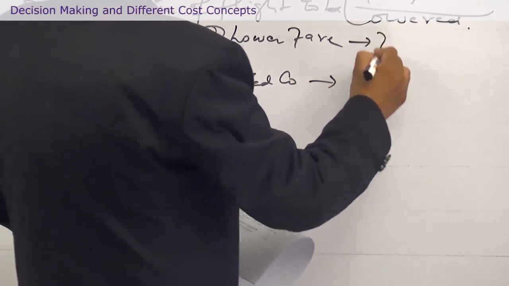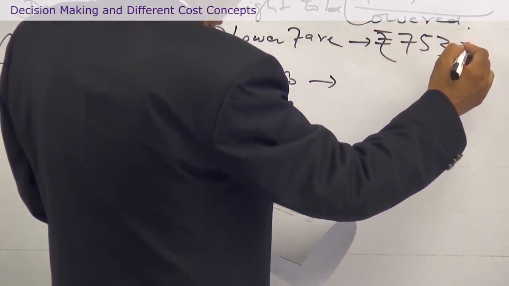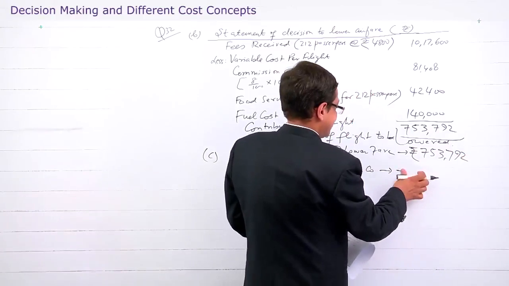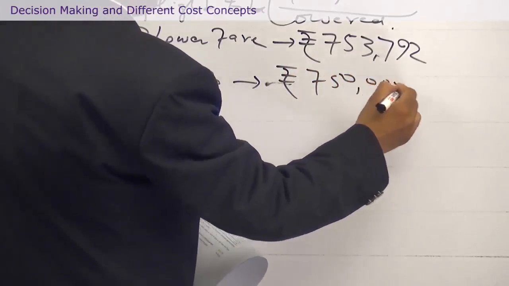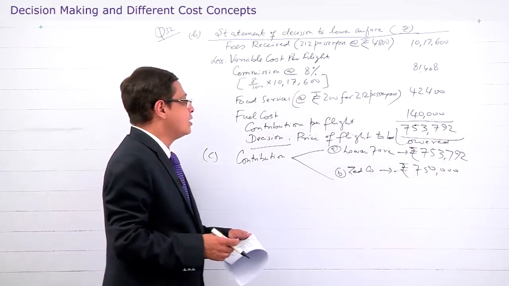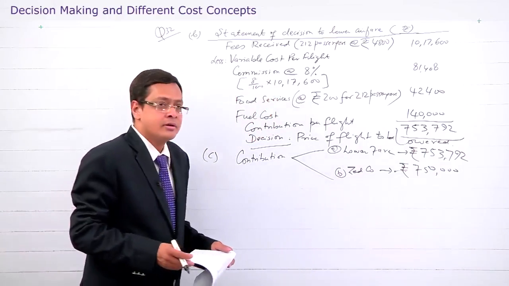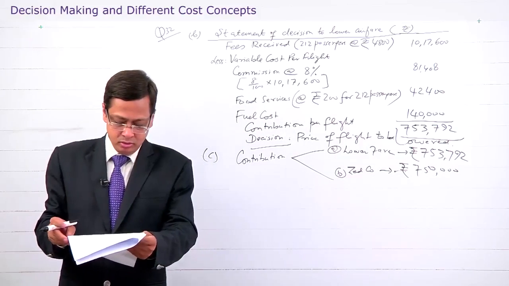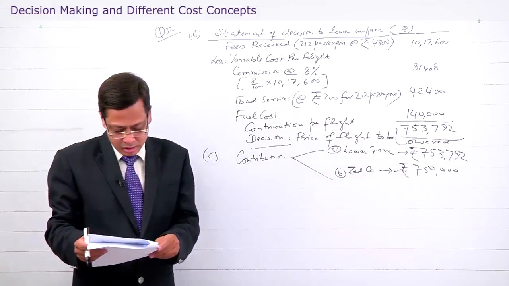So this is 7,53,792 and here it is 7,50,000. So which is going to give you more revenue? The first option is going to give you more revenue. So you must use the option accordingly.